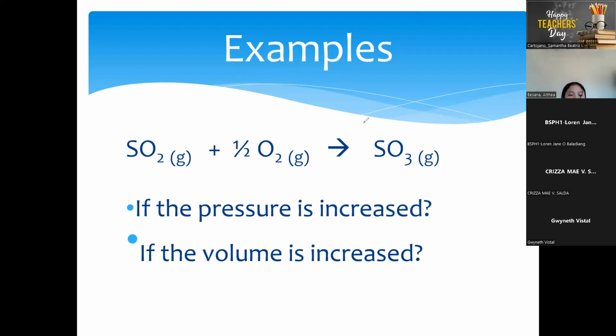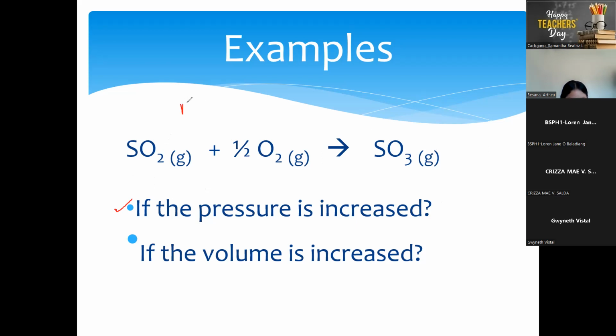For example, given na ito yung chemical reaction and this is already in equilibrium, paano daw pag ma-disturb natin ang system? If the pressure is increased, what will happen? Before ka sumagot dito, class, you have to identify first how many moles of gas do we have.